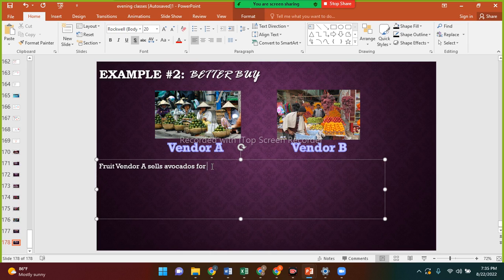So fruit vendor A sells avocados for, let's say, $8 per dozen. We want to make it close.